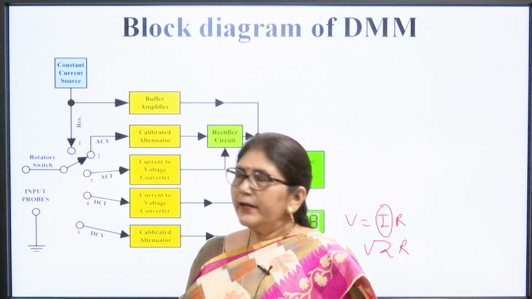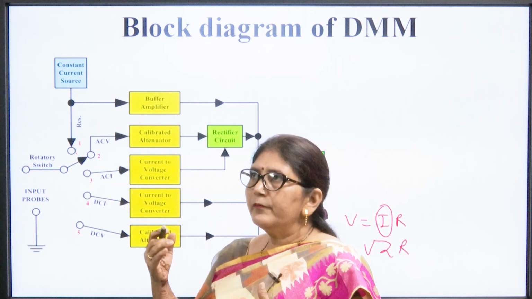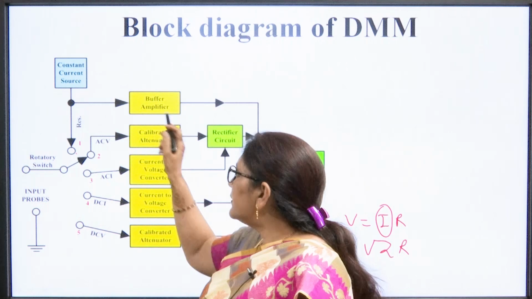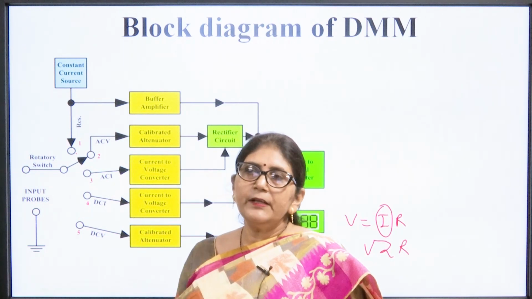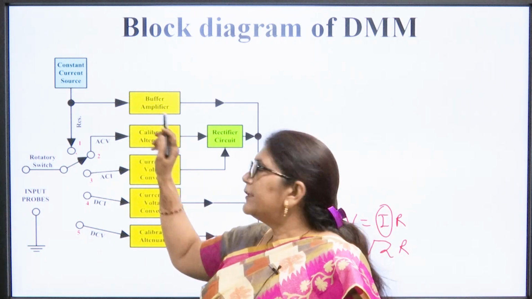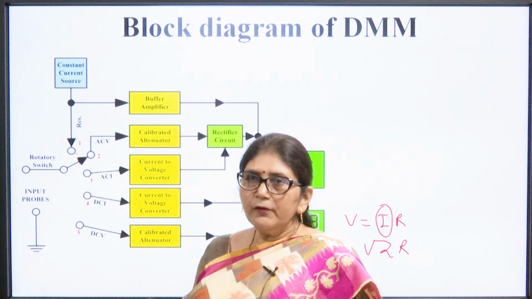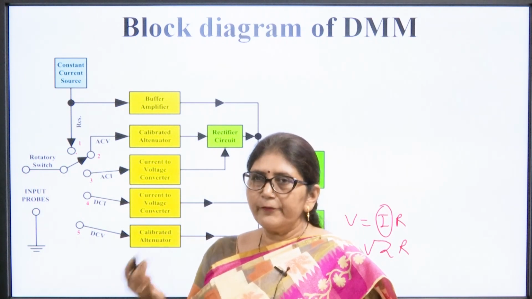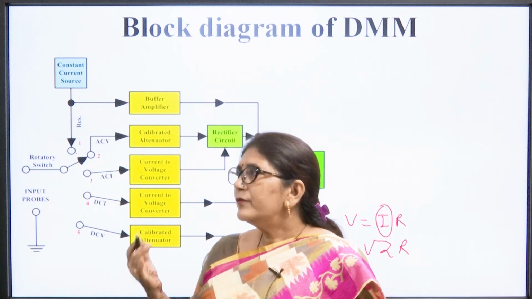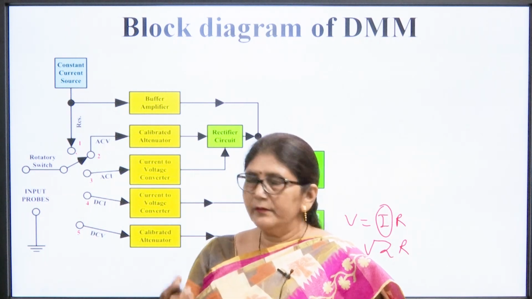A buffer amplifier is basically an amplifier whose voltage gain is 1, but the benefit is that it provides very high input resistance. Because of this high input resistance, the multimeter will not load the circuit; the loading effect is not there. Because of loading effect the measurement is not proper.